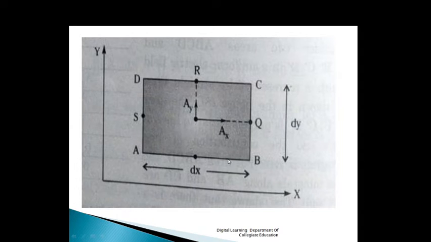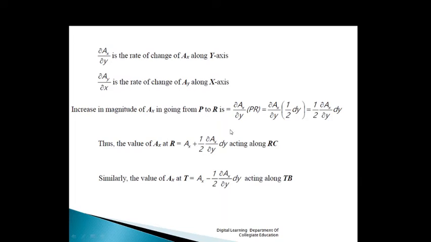Considering a rectangle in the vector field in space, the rate of change of vector Ax along the y-axis can be represented as ∂Ax/∂y. ∂Ay/∂x is the rate of change of Ay along the x-axis.